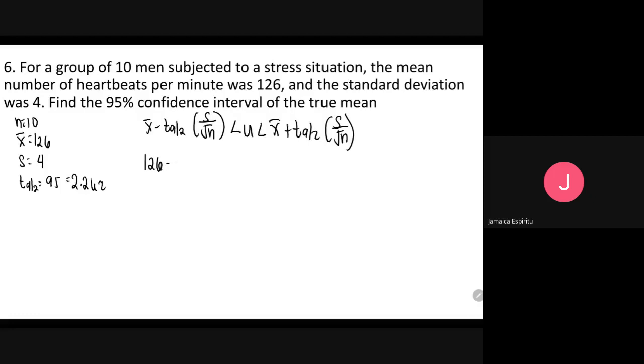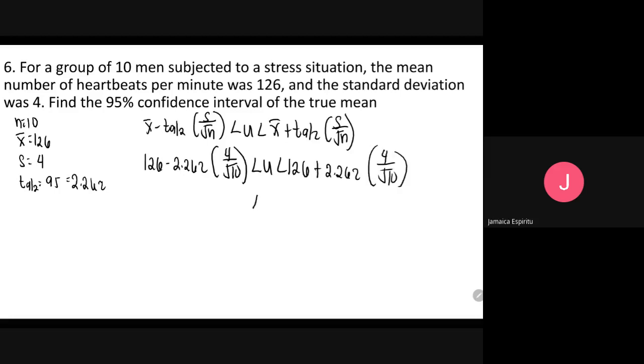So 126 minus 2.262, 4 over the square root of 10, less than the population mean, less than 126 plus 2.262, 4 over the square root of 10. So the population mean there is greater than 123.14 but less than 128.86.